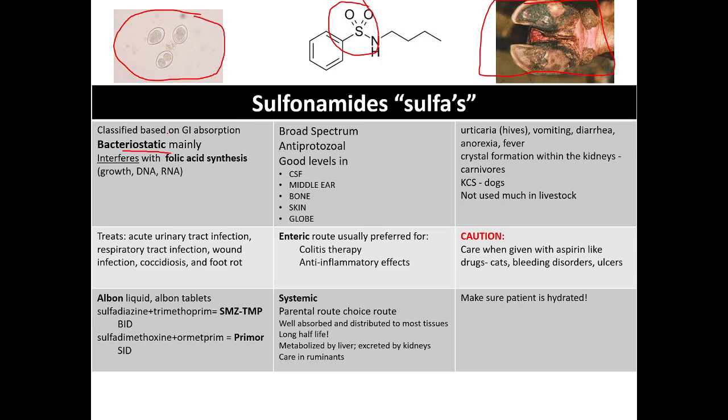The sulfonamides are all classified based on GI absorption. The way that these work is to interfere with folic acid synthesis, which has to do with growth and DNA and RNA. Now eventually that's going to affect the animals, so we don't want them on this long term. These are generally broad spectrum and antiprotozoal, and it gets good levels in the CSF, middle ear, and bone.